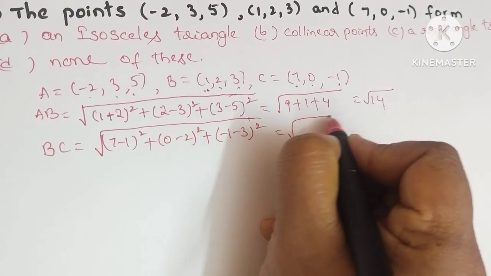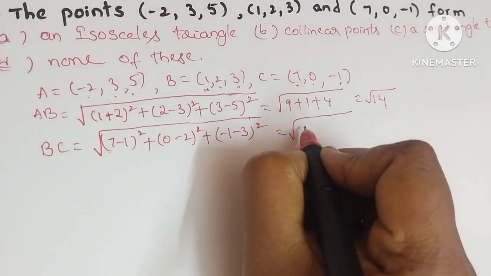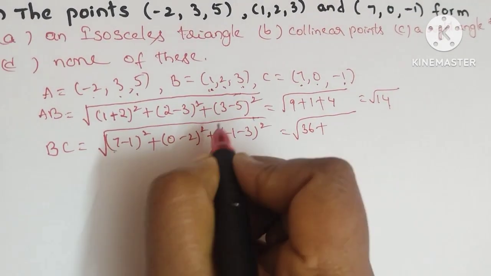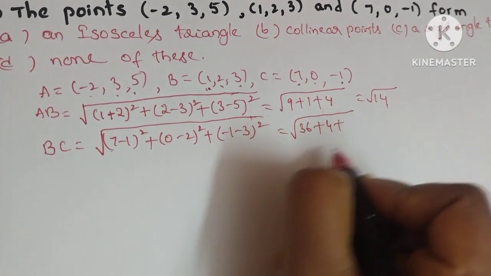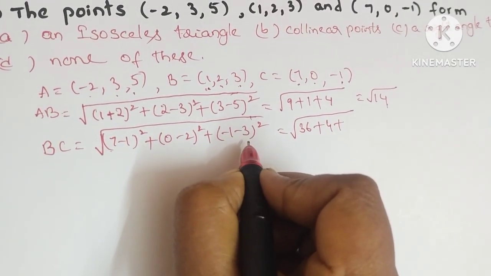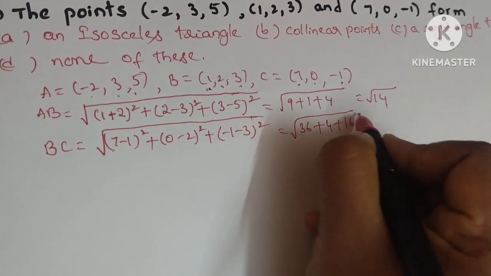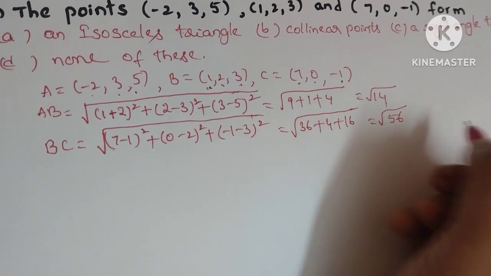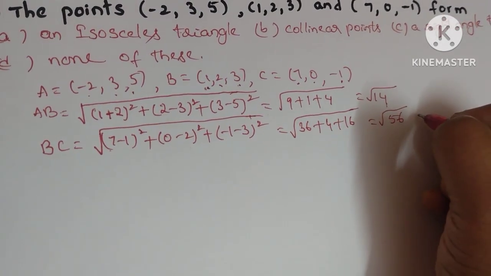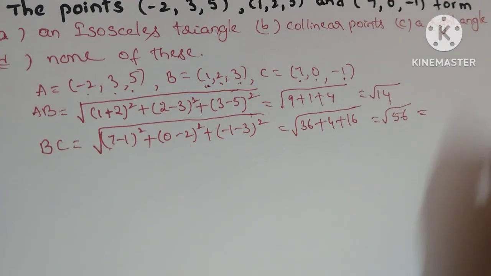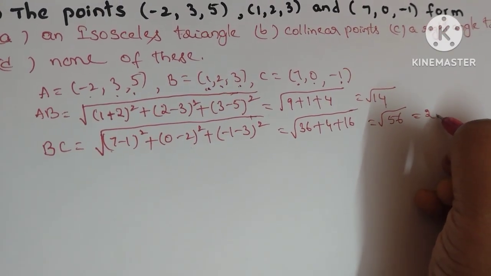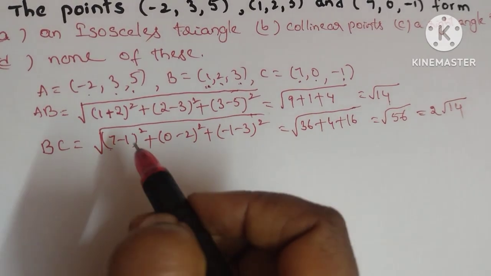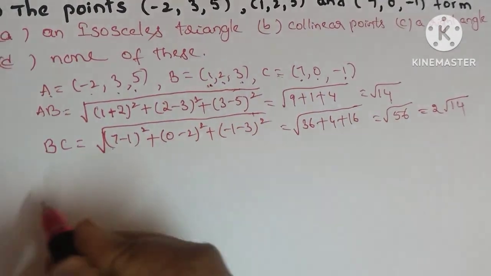That equals 7 minus 1, 6 square, 36, plus 0 minus 2 whole square, that is 4, plus minus 1 minus 3, minus 4 whole square, 16. So this one is 56. How can we write 56? 14 fours are 56, and root 4 is 2, so 2 root 14.